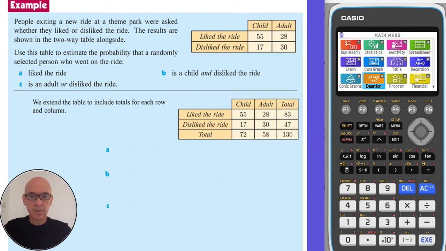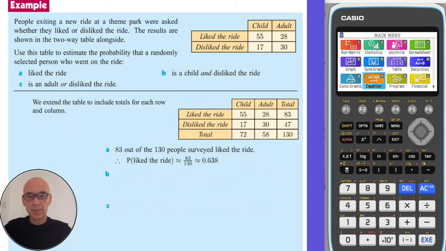To estimate the probability that a randomly selected person from this group liked the ride, we need to identify how many that is. So looking at the table, we can see that there are 83 that liked the ride out of a total of 130. So the probability is 0.638.